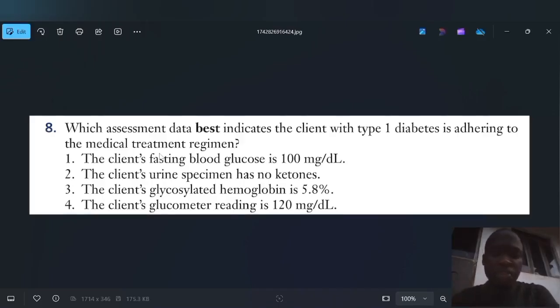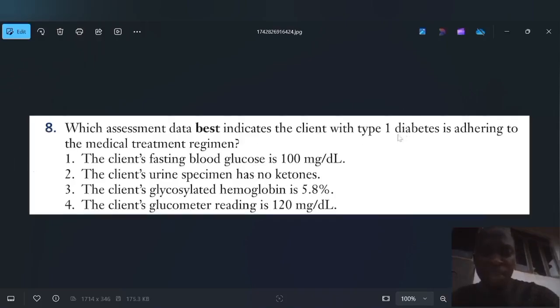The normal is 4.0 to 5.5, and 5.8 is just near 5.5. That means the client has actually been compliant. Blood glucose just measures the amount of sugars at that point, but not for a long time, all right? Then you look at number 2, it has no ketones.